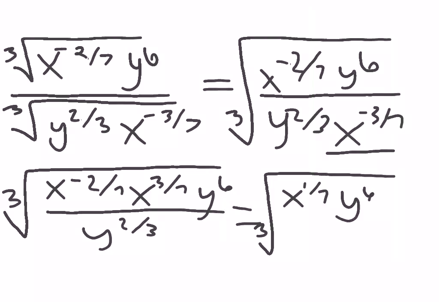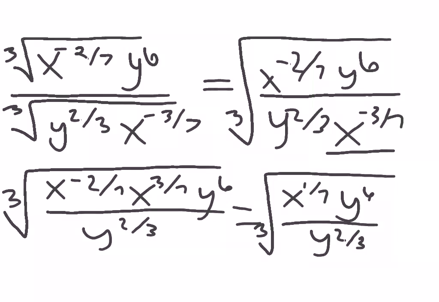y to the 6th over y to the 2/3. Now I have y to the 2/3 on the bottom and I have y to the 6th on the top, and what I want to do is break down those y's so that they cancel each other out.